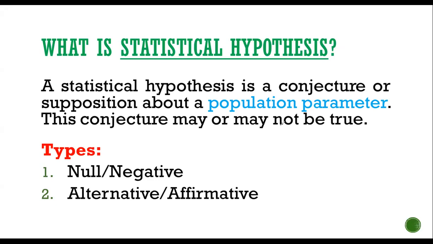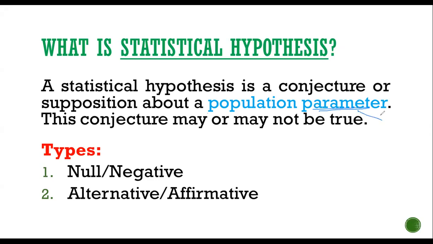Okay, so this conjecture may of course be true or not. That is the main goal. We are going to test if it's true or false. Okay, this one is highlighted. We have here your population parameter. That's why I mentioned yung mga hypothesis natin later on will be based from your parameters.